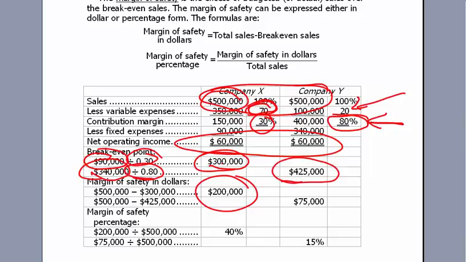You see that the break-even's 425, and with the 500,000 in sales, it's only got a margin of safety of $75,000. This is the whole fundamental concept behind manufacturing: once you hit that break-even point, then 80 cents on the dollar is going towards profit.